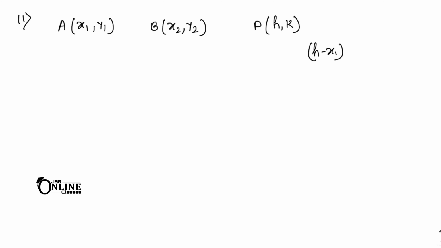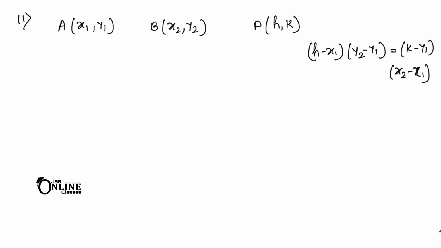So here, if the points, first one A, that is (x1, y1), second one B, that is (x2, y2), and third one P, that is (h, k), are collinear, then prove that (h minus x1) into (y2 minus y1) equal to (k minus y1) into (x2 minus x1).